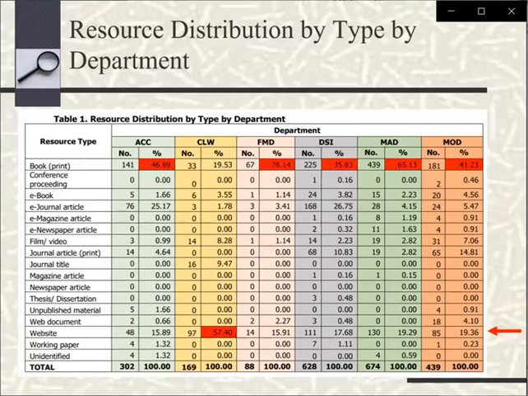Faculty tend to source from the internet to augment their needs. This made websites their most common resource. However, it is good to note that the majority of these websites are of government agencies.